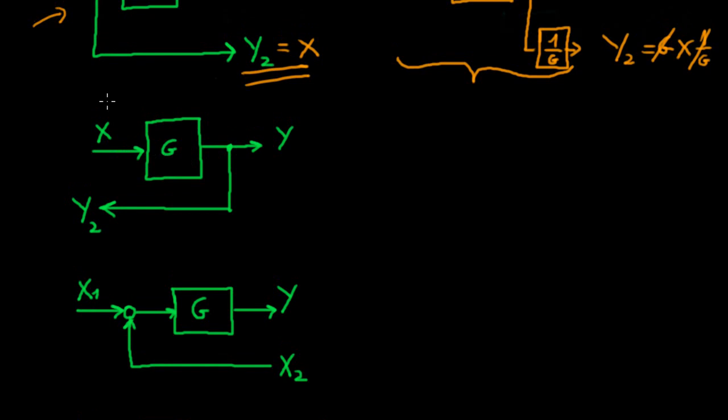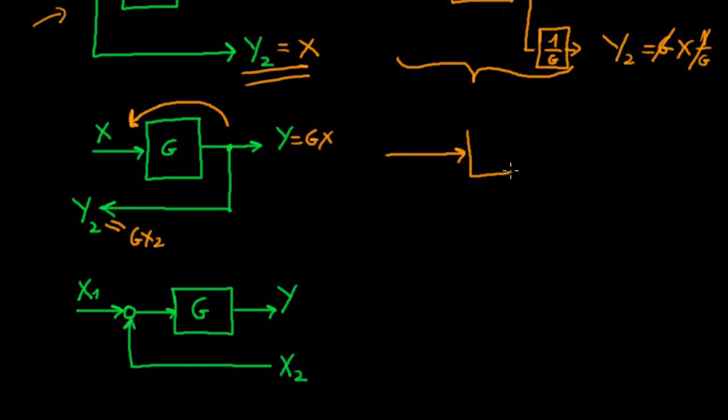If we want to do the opposite, if we want to bring the takeoff point before the block, what can we do? Well, again, this is equal to gx, and y2 is equal to gx too.